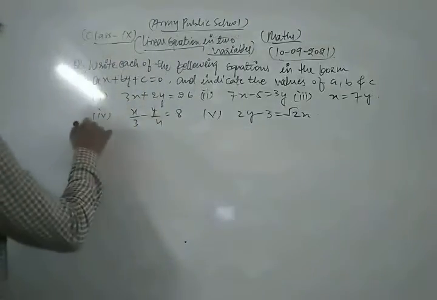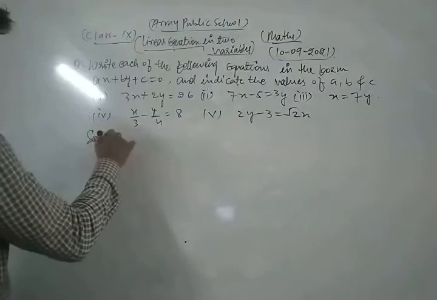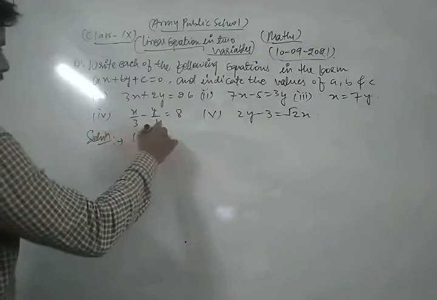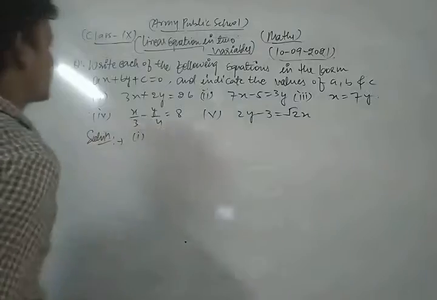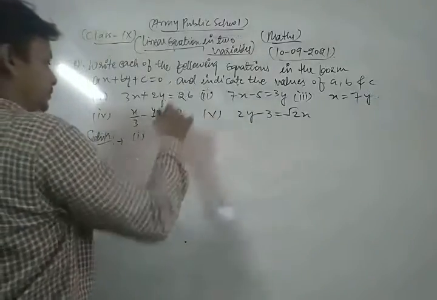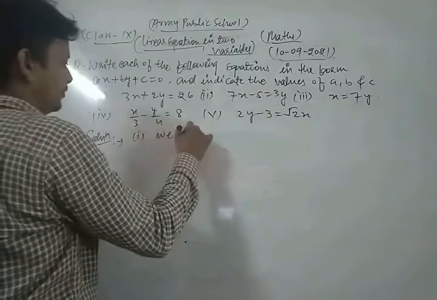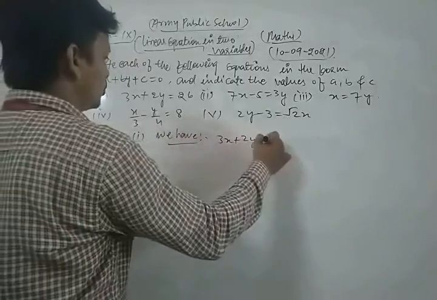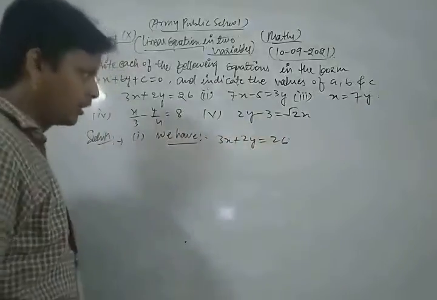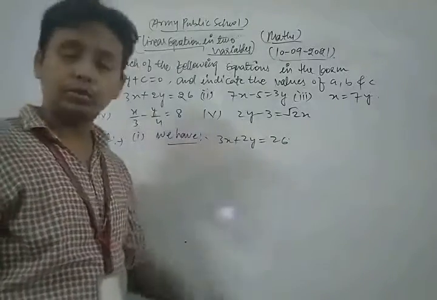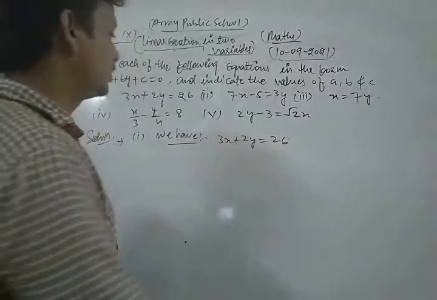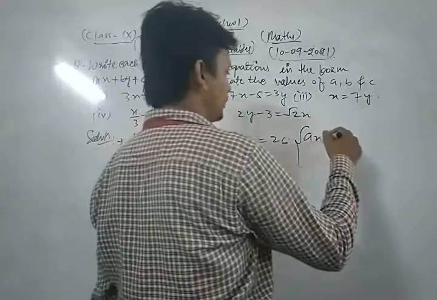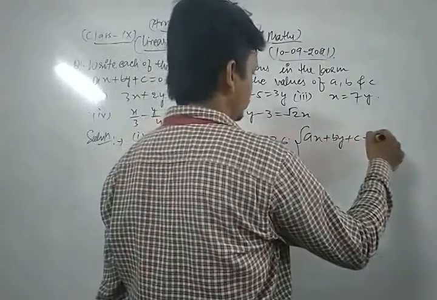So first of all, we take and solve the first part of this question, which is 3x plus 2y is equal to 26. You know that the standard form of the linear equation is ax plus by plus c is equal to 0.